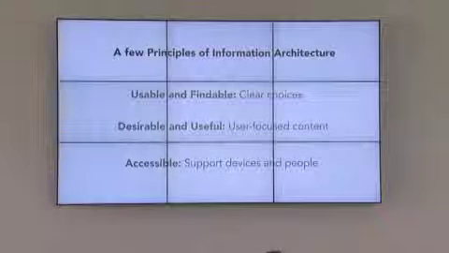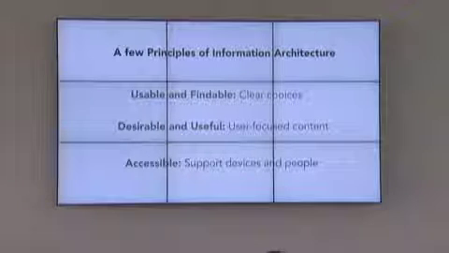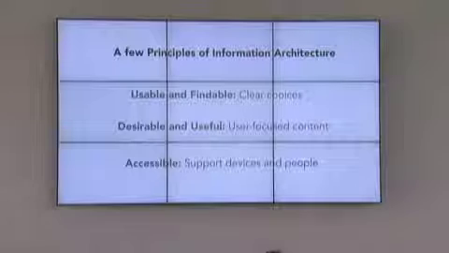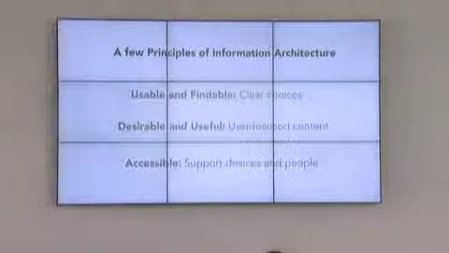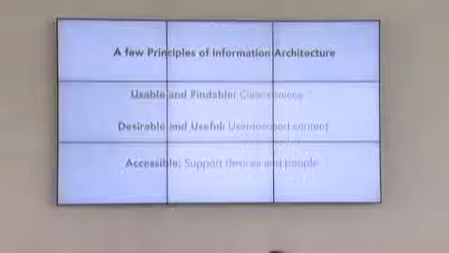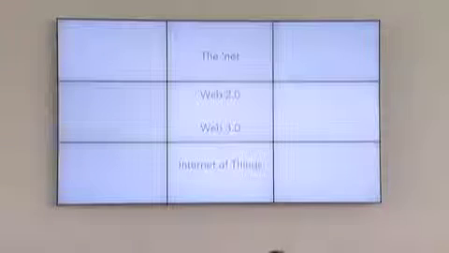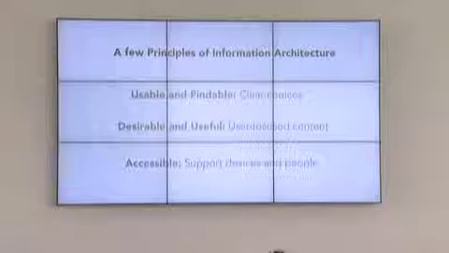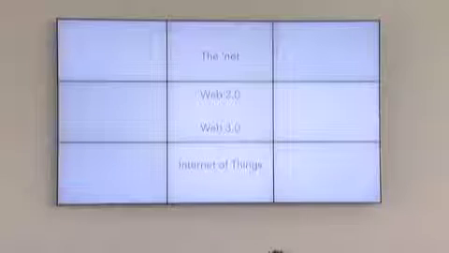And there were a few principles back then that we adhered to, right? Things needed to be usable and findable, desirable and useful and accessible, right? So these were core principles that we used in our design processes as we were building things. There's many others. We still use them, and we'll get to that. Right. We still use those principles.